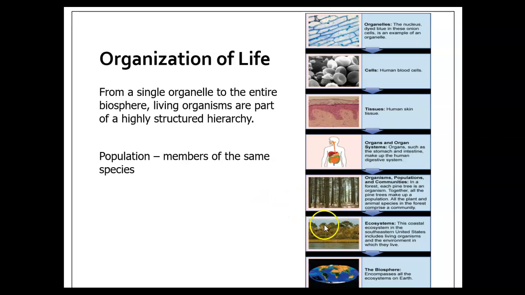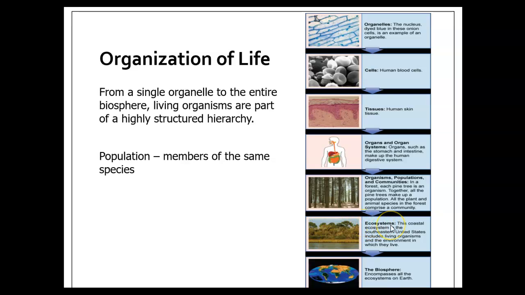So it includes, this is a coastal ecosystem. It's actually a marsh, which is more like off of the coast, but it's part of the coastal ecosystem. And this coastal ecosystem includes the living things, and it also includes the water and the soil and all the different components that make up the habitat.